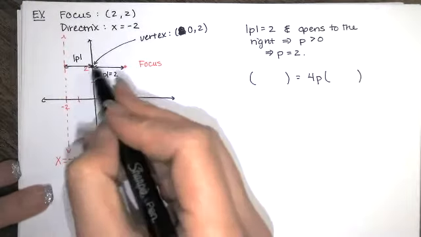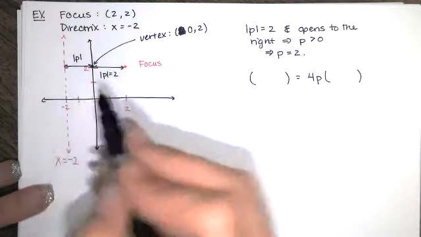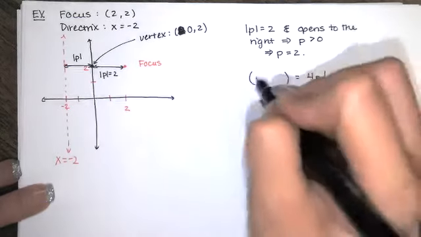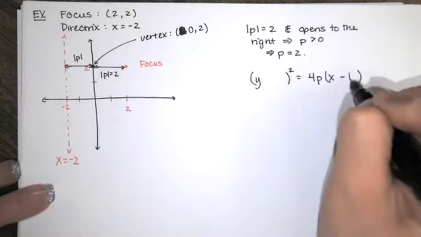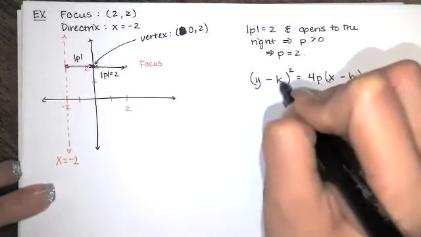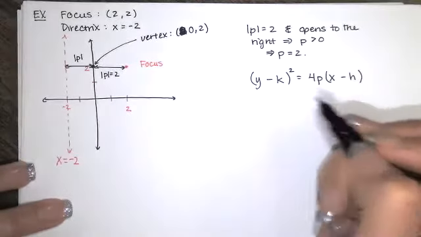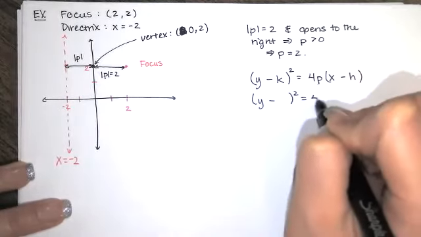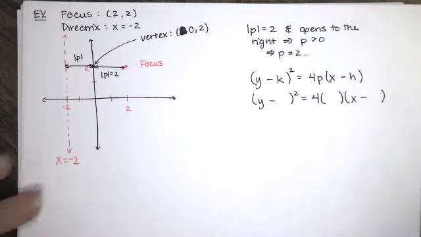Now, since it's opening to the right or to the left instead of upward or downward, this time the y is being squared and the x is raised to the first. We always subtract h from x and k from y, no matter which side they're on. Now we're just going to substitute in the coordinates of our vertex and our value for p.